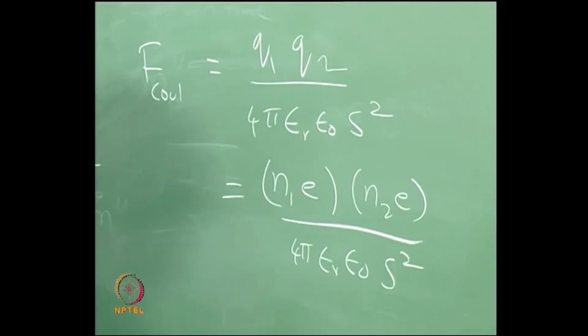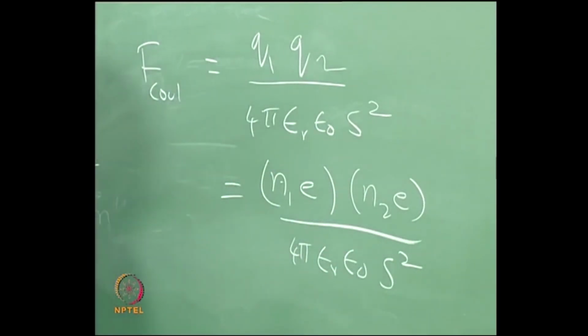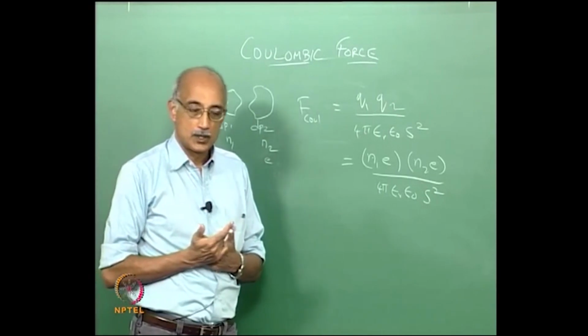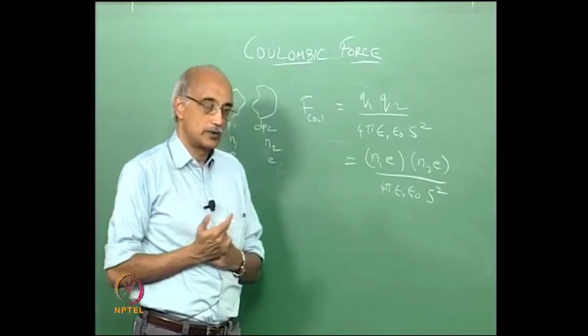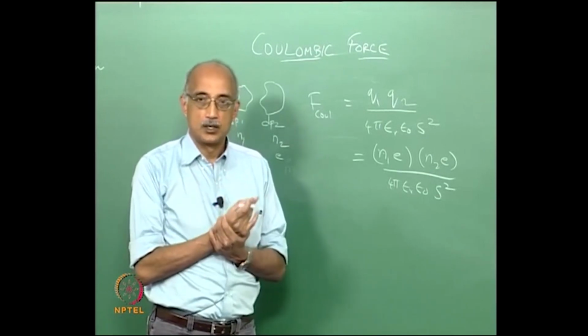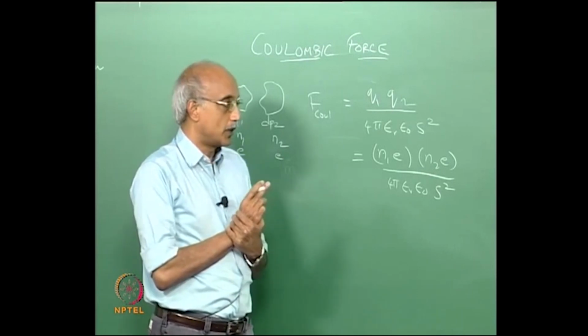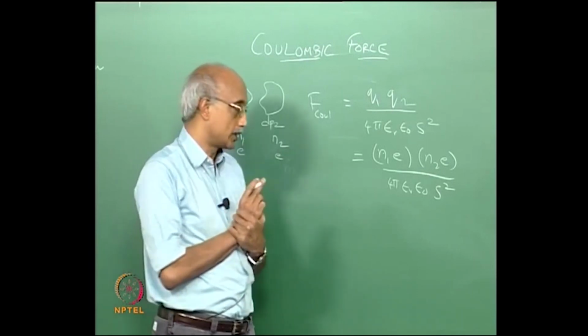Now if you look at this equation, n1 and n2 are the charges carried by each particle. What is the value of n1 and n2, and is there a dependence of charge on size? It turns out that there is a very sensitive dependence of particle charge on particle size.